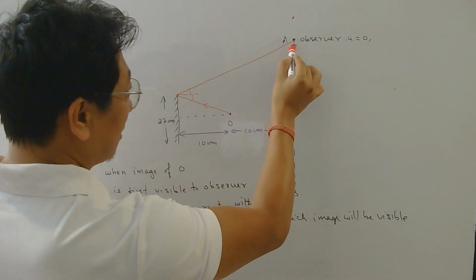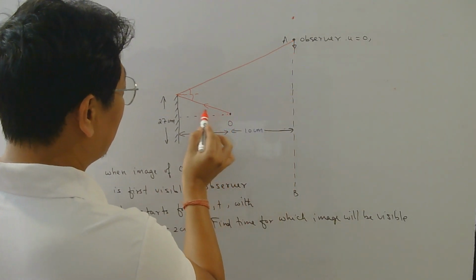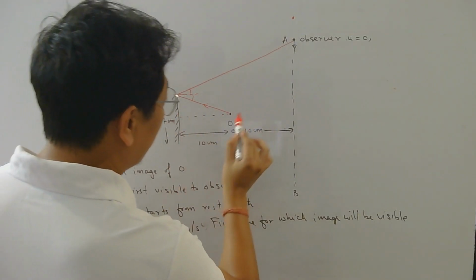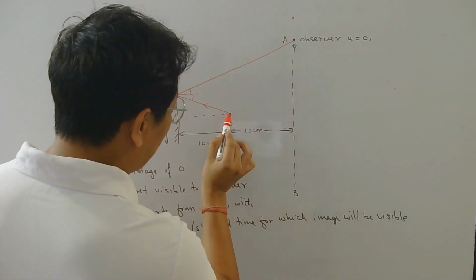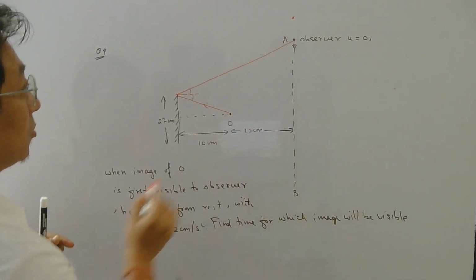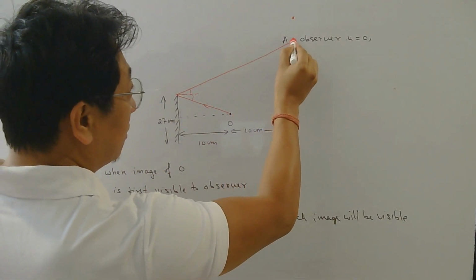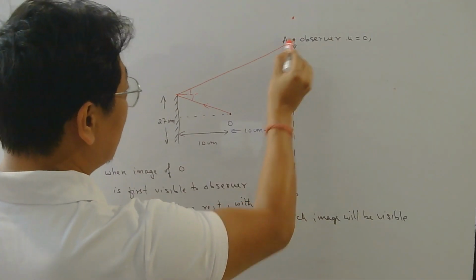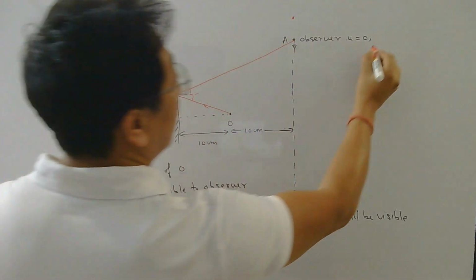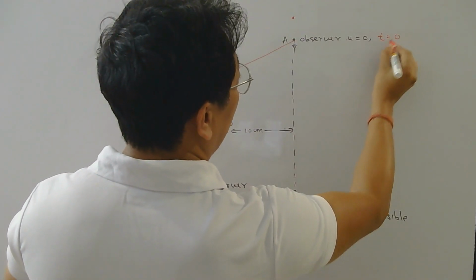And when he is coming this way, obviously this light will reach him, the light which falls at smaller angles. And when he is opposite, this light after reflection will reach him, isn't it? So this is the first time when he will see the image of this object at this position, and that is when he starts at t0.